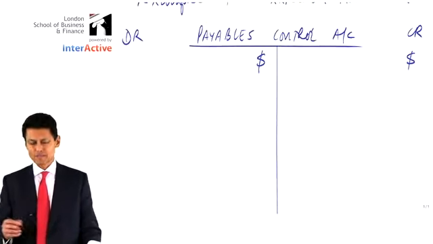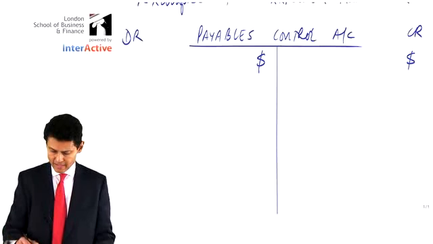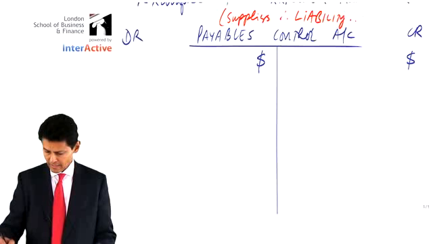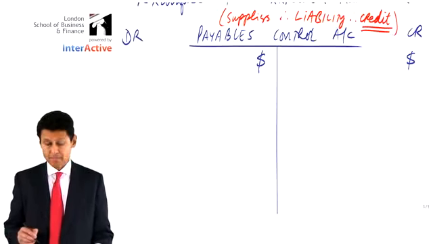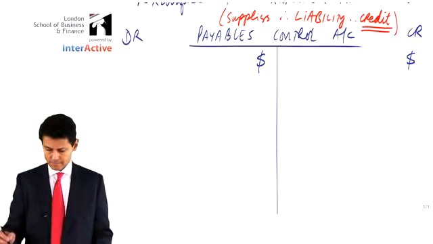Payables control account, would that be suppliers? So I'll say suppliers, therefore a liability, therefore obviously a credit balance, therefore it should be a credit balance eventually. So let's make a start.